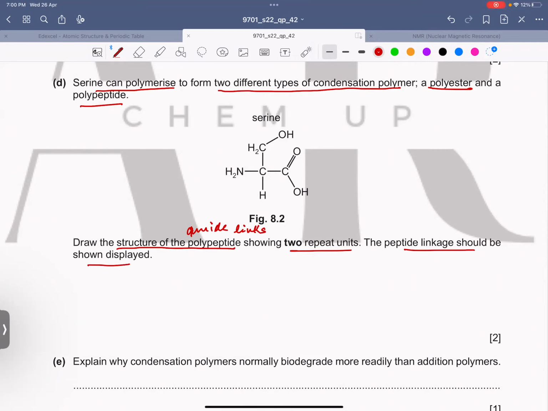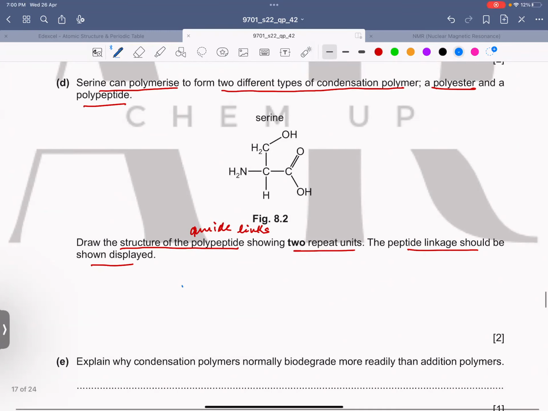So you have to draw the 2 repeat units. If you recall, when an amide link is formed, the nitrogen releases one of its hydrogens. So I would make an empty bond. Then here I have a CH, then CH2OH.